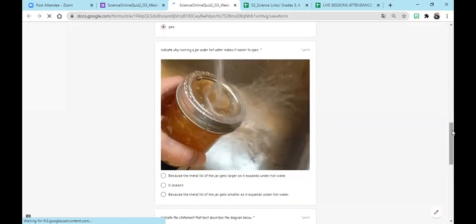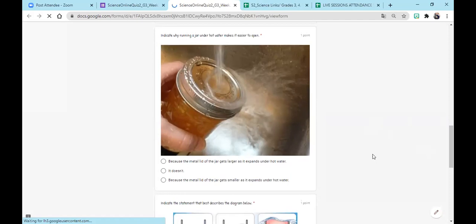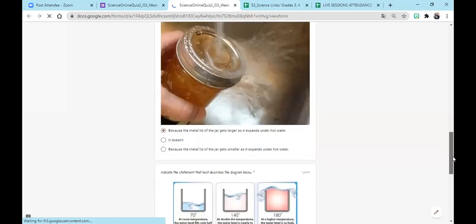Indicate why running a jar under hot water makes it easier to open. So you have this jam jar and we put it under hot water. So it's easy now to open the lid. Why? Because it expands. Does it become smaller or bigger? Bigger, because the metal lid of the jar gets larger when it expands under hot water.